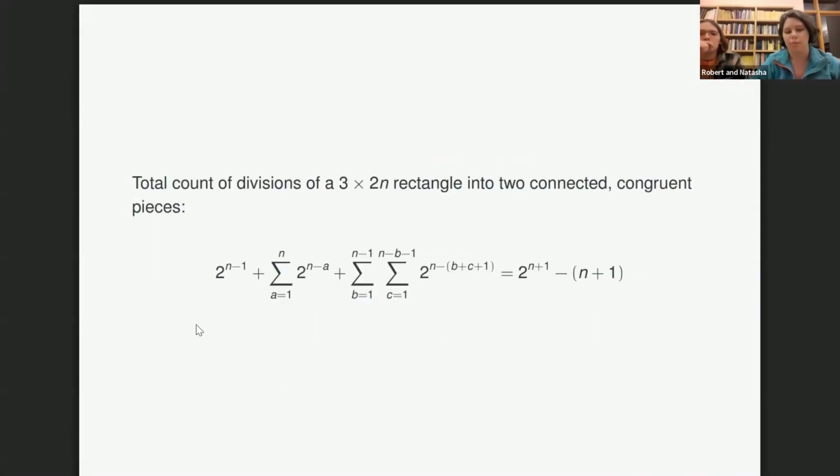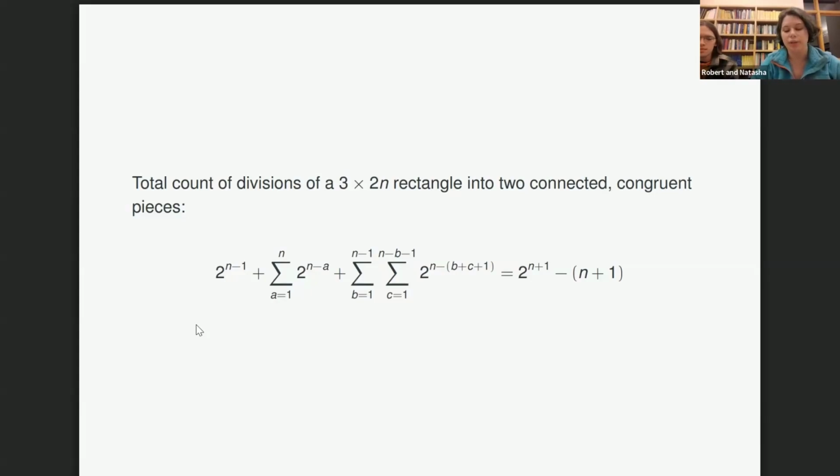And putting this all together, we get the number of cases that are sans crochet with a equals 1, plus the sum over all a of sans crochet, plus this double sum over b and c of avec crochet, and Maple will verify that this simplifies to 2 to the n plus 1 minus n plus 1.